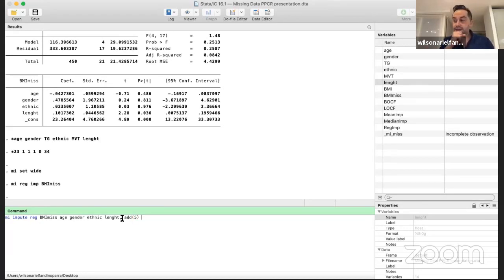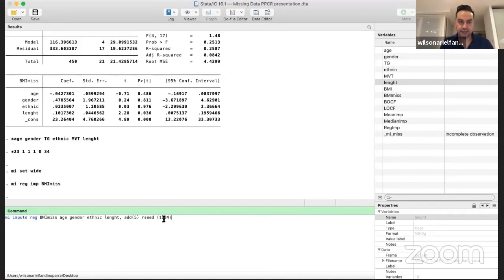Okay, and then there's another comma which is rseed, which means random seed. This is not as important as the number of the data sets, but you just need to type some numbers here, which basically the function of the random seed number is to give some consistency to your estimations, in the way that you log out from Stata and then log in again with the same random seed number.